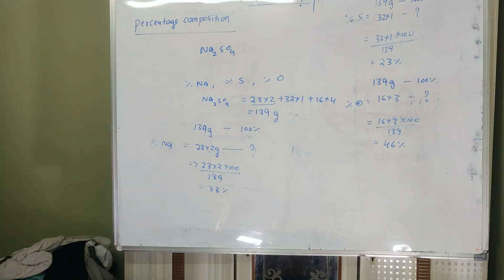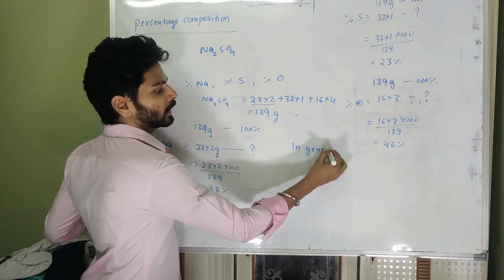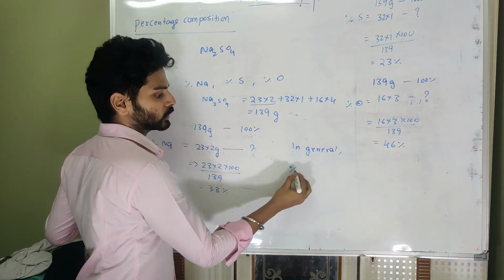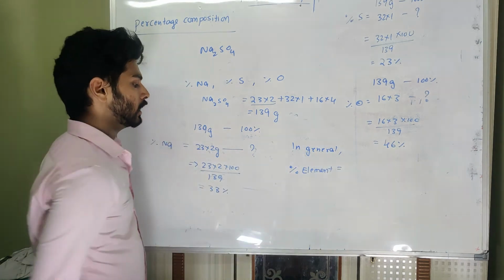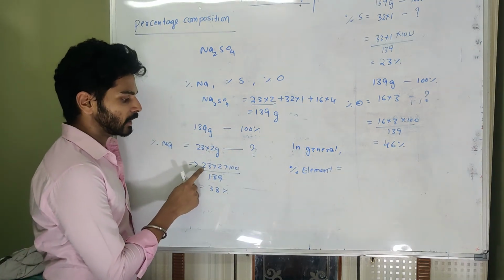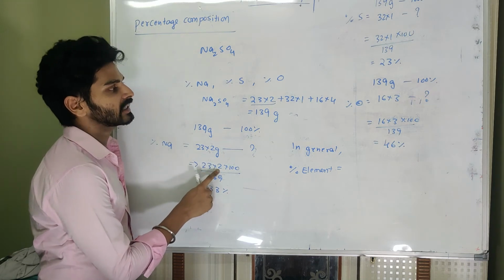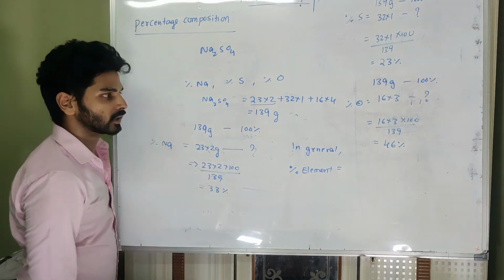From this formula, we can generalize one formula here. In general, if you want to calculate the percentage of any element in the molecule, look at this. Here 23 is the atomic mass of that element, into this 2 is the number of atoms in that molecule, into 100 divided by the gram molecular mass.